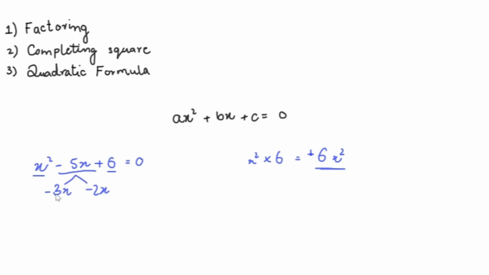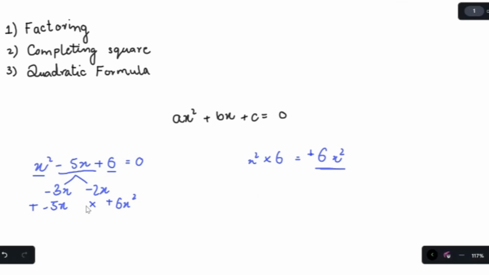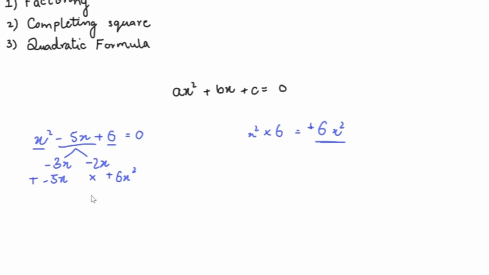If we add these two, we get minus 5x, and if we multiply these two, we get plus 6x squared. Both requirements match. So we can confidently say that we can factor minus 5x into minus 3x and minus 2x.